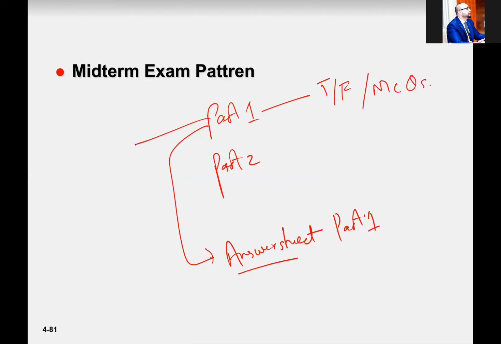Of course, I would be giving you some limited time to attempt part 1. Part 2, I would be giving you ample time to do that. For part 2, if you have an ePen, like I have this ePen, you can solve your question on the file or on the part 2.